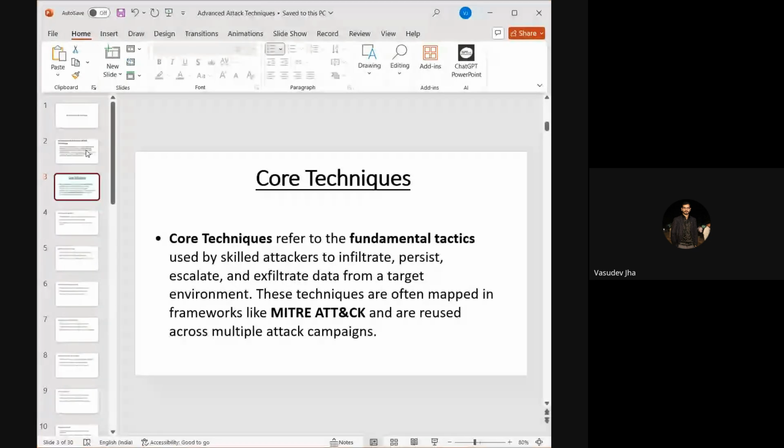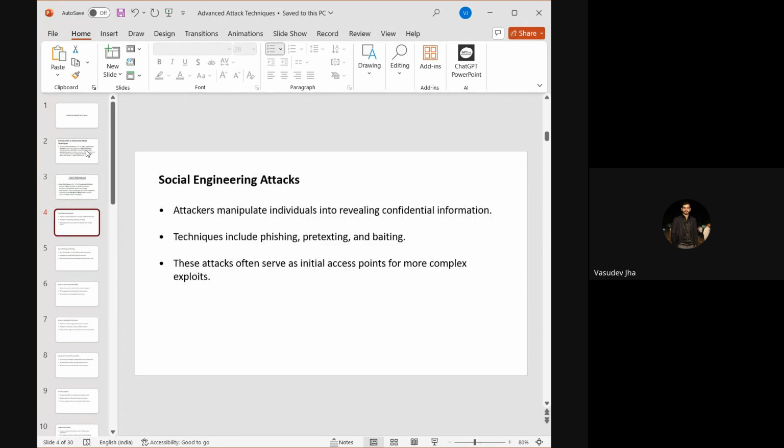I will explain these two frameworks, MITRE and ATT&CK. Now, what are the core techniques? So this is a simple definition. Let's see a few core techniques. The first thing, social engineering attack. Previously it was not considered an advanced attack technique, but nowadays we can say that this is also an advanced attack technique, where the attacker manipulates individuals.